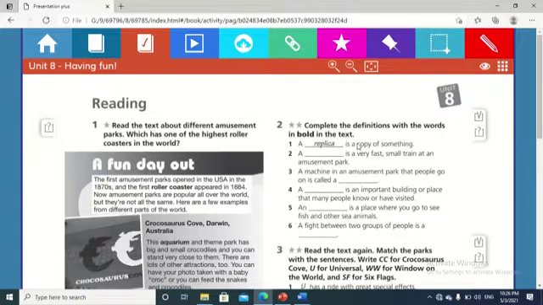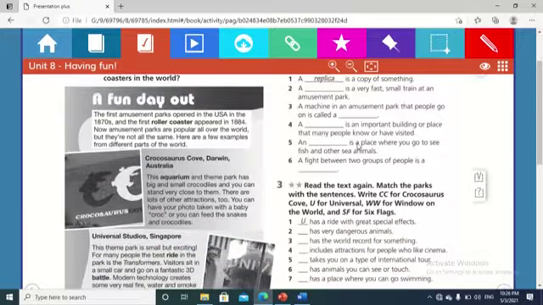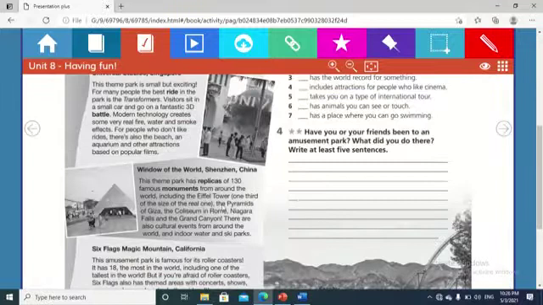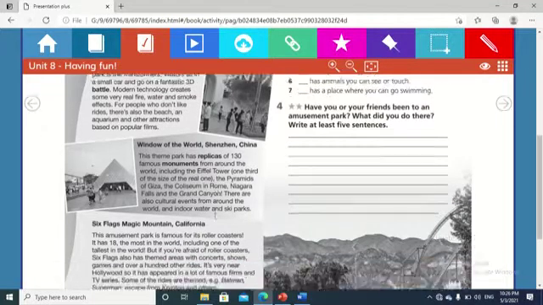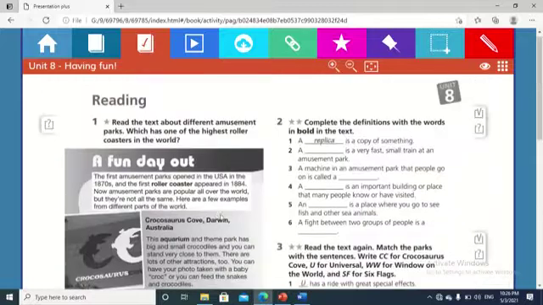After that, we come to the practice of the new highlighted words: roller coaster, aquarium, ride, battle is number 4, replicas, monuments. These are different words, and here, of course, we have definitions.